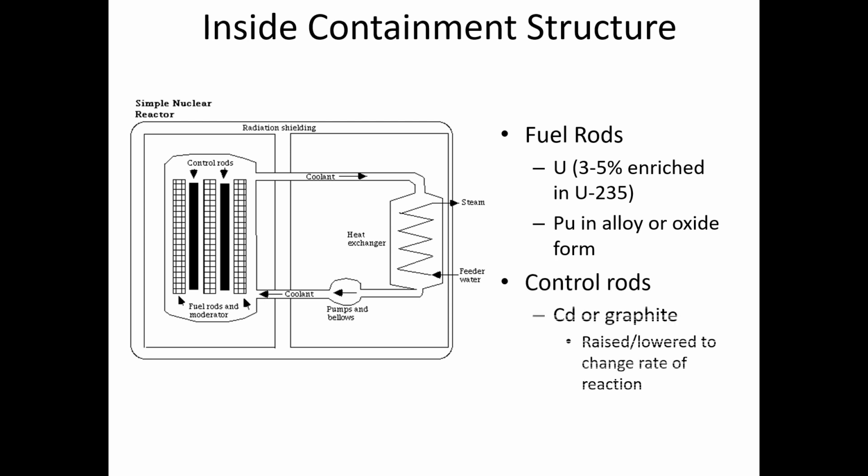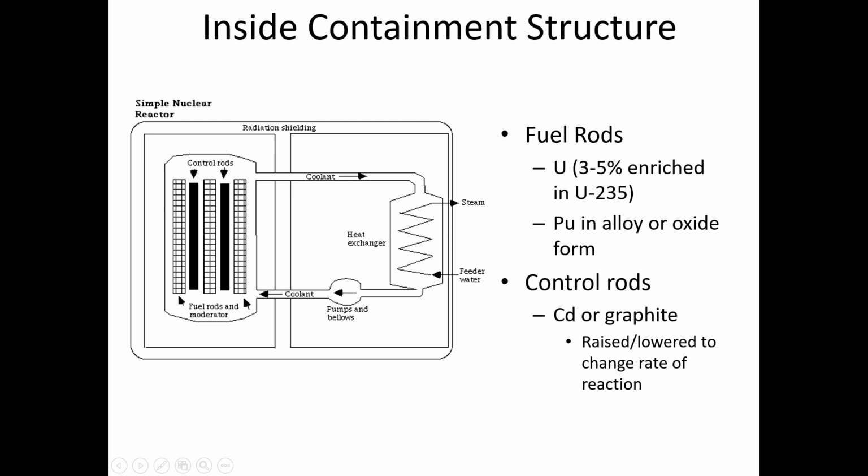The control rods, here you can see the black ones, these are the control rods, which in this particular form can be cadmium or graphite. These rods are raised or lowered to change the rate of the reactions. The rate of the reactions depends upon the position of these control rods.